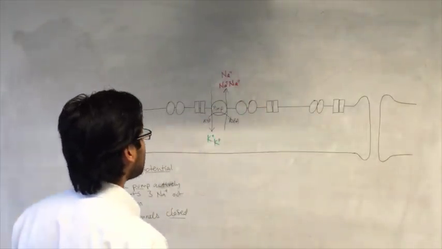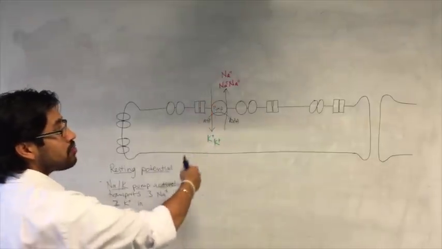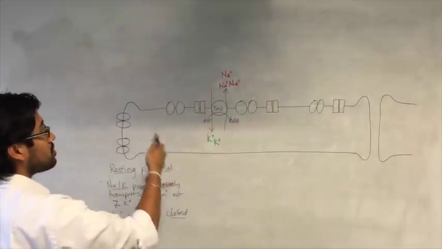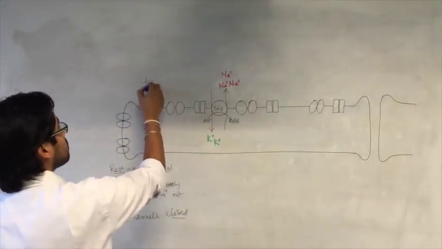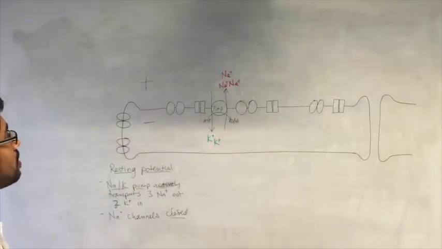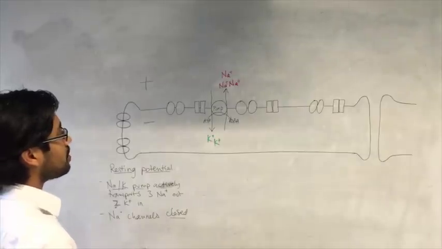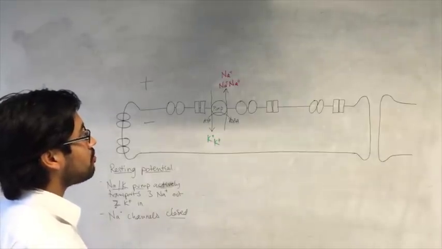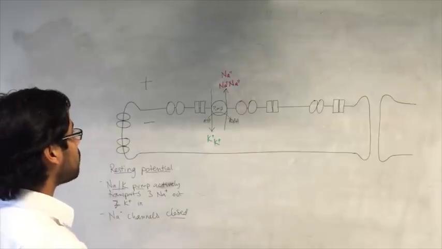And because of the electrical gradient, potassium won't move outside because outside is already more positive. So at the resting potential, positive outside, negative inside. That's the resting potential, and it's around about minus 70 millivolts.